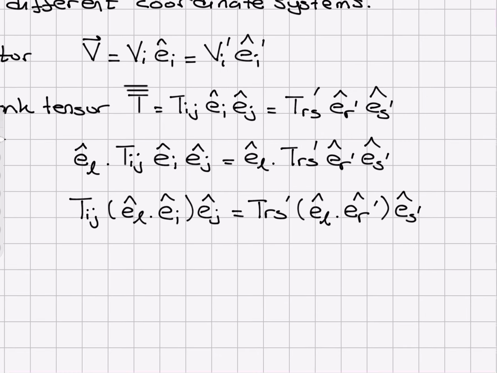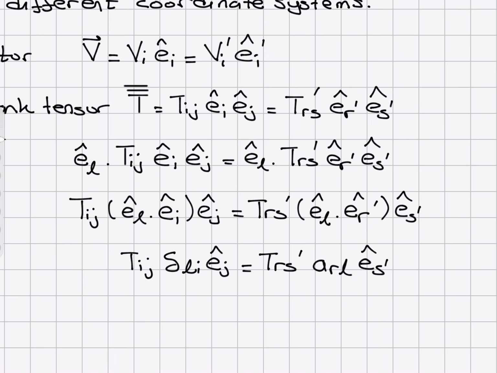Now, what is this dot product e_l hat dot e_i hat? Because this is an unprimed system, an orthonormal coordinate system, it's Kronecker delta li, e_j hat. And on the right hand side, I have T_rs prime, e_r prime hat dot product with e_l hat. Remember, that's just the transformation matrix element a_rl.